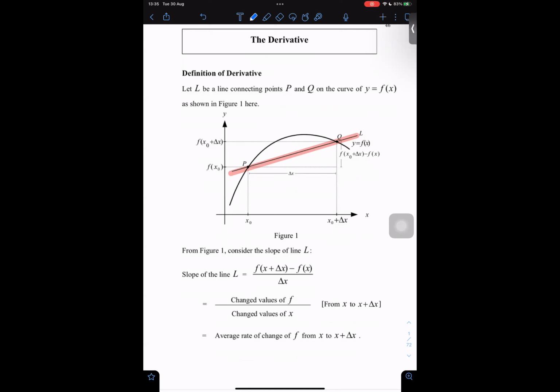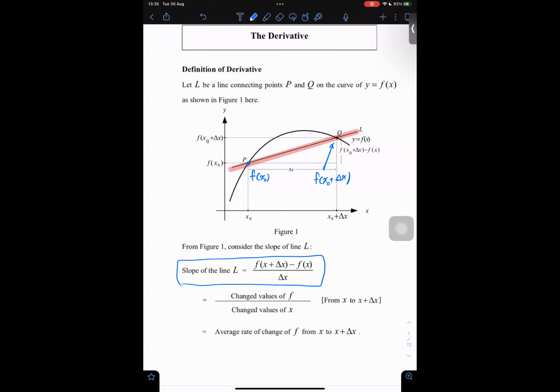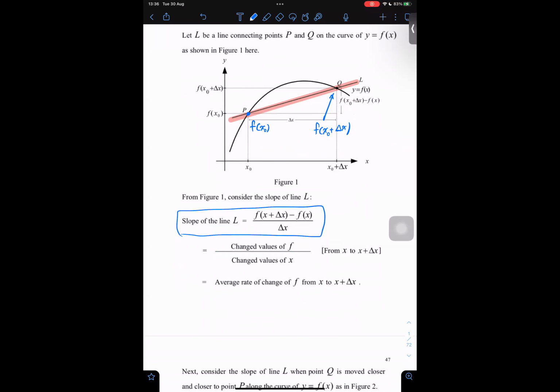The first is this point, f of x0, and here is f of x0 plus delta x. When you know these two points, you can find the slope of the line using this formula: the change in the variable f over the change in the value of x.